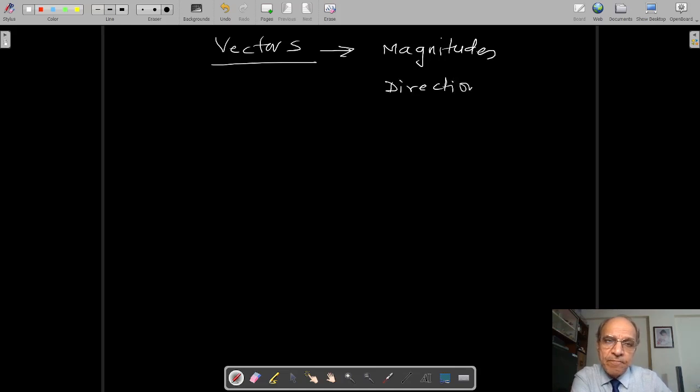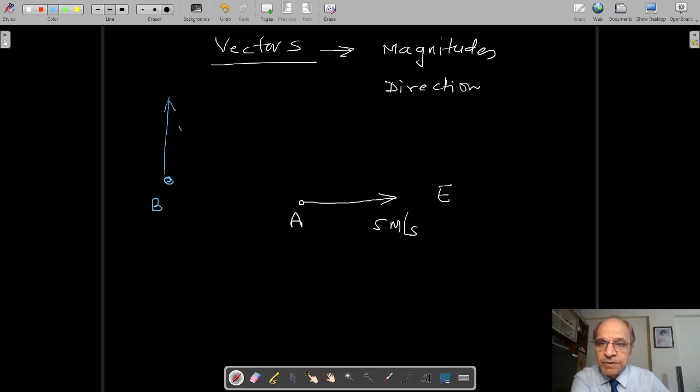Let's say A is moving with a velocity of 5 meter per second towards the east, whereas B is also moving with 5 meter per second, but B is going towards the north.